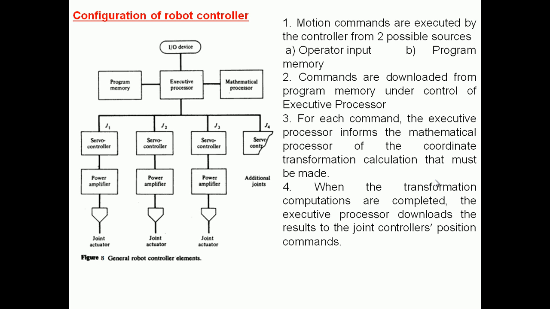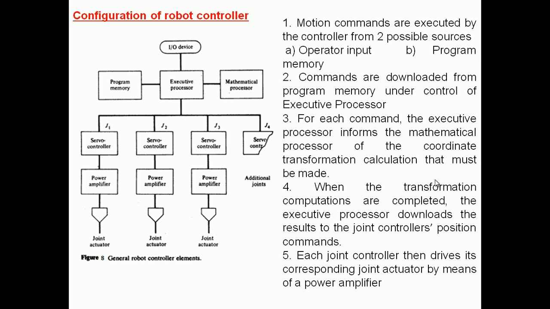When the transformation computations are completed, the executive processor downloads the results to the joint controllers as position commands. So you have to know the order in which it works. Each joint controller then drives its corresponding joint actuator by means of a power amplifier.